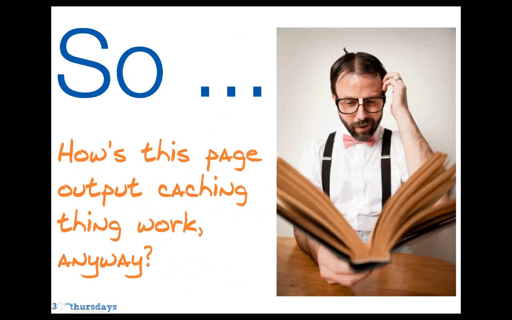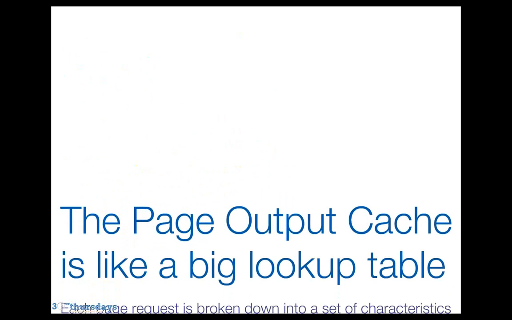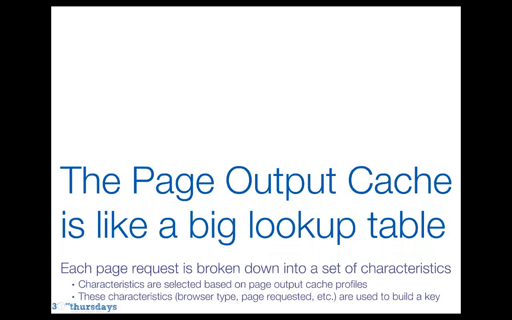So how does the page output caching work? Well, at a very high level, it's like a big lookup table. Each page request that comes into the server is broken down into a set of characteristics. And those characteristics are based on page output cache profiles that you have available to you within SharePoint. And it includes characteristics like browser type, the type of page you're requesting, etc. All of these different characteristics are used to build a key.